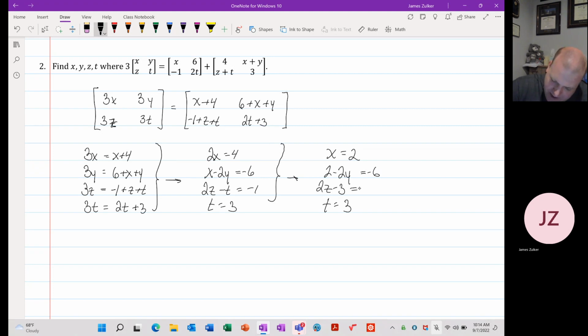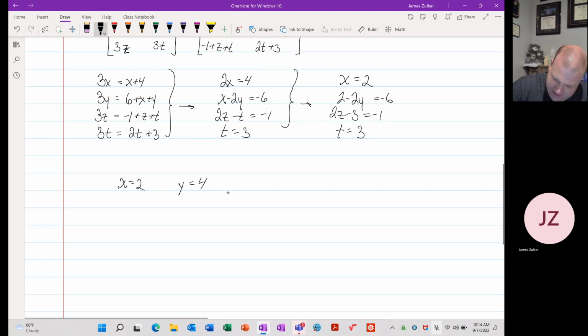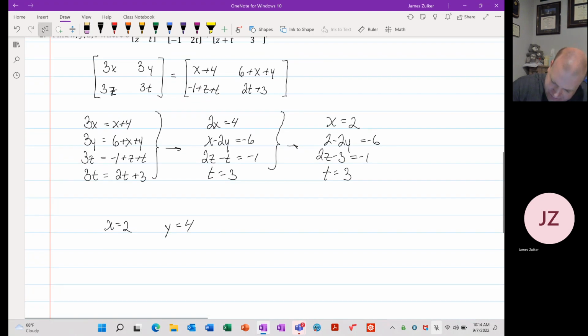So 2z minus 3 has to be -1. If we subtract, we get -2y is -8, so y itself has to be 4. 2z is equal to 2, so z itself is equal to 1, and then t is equal to 3.